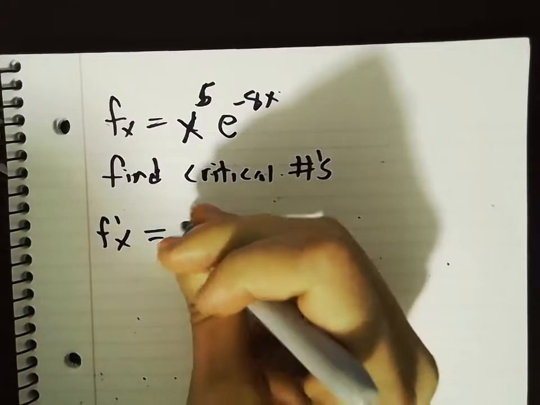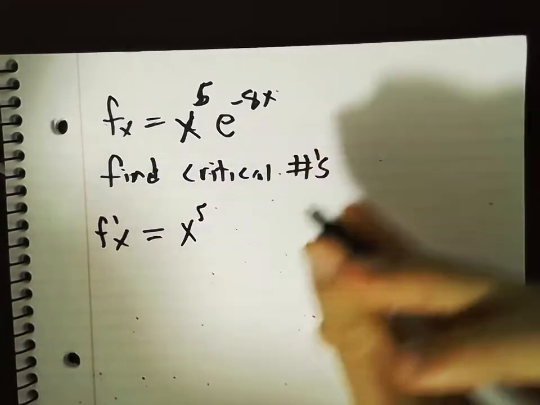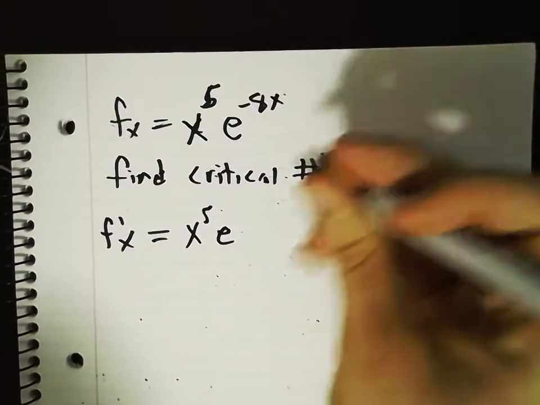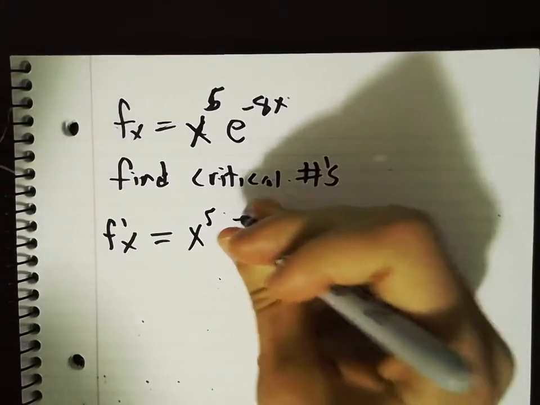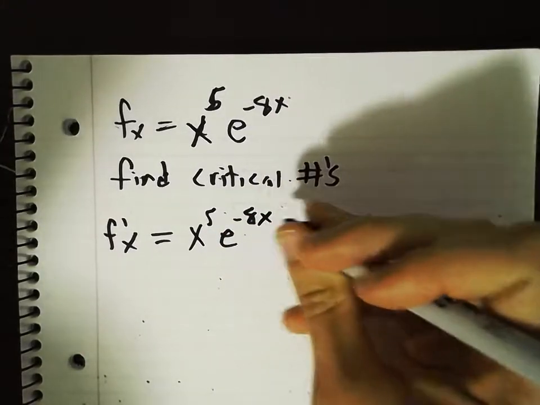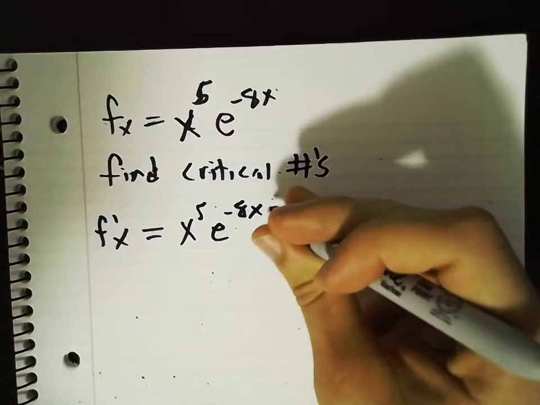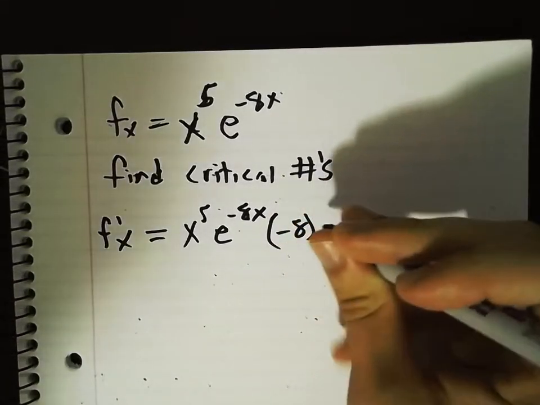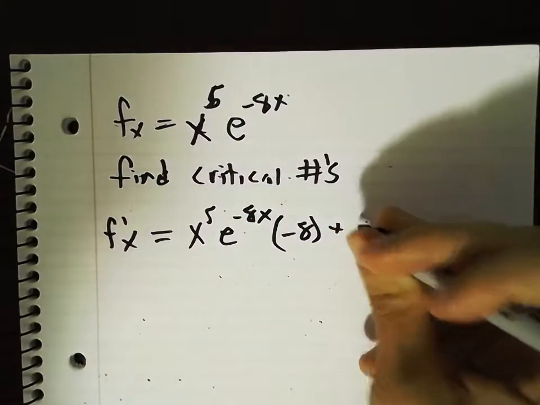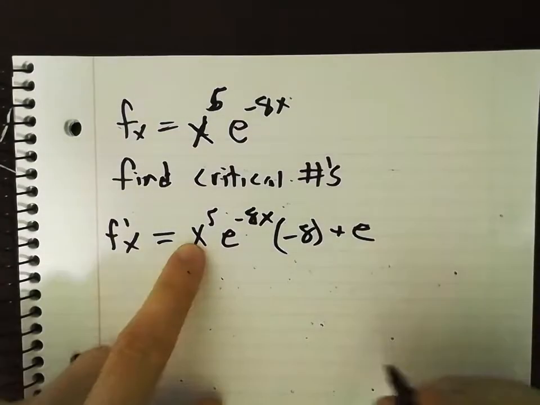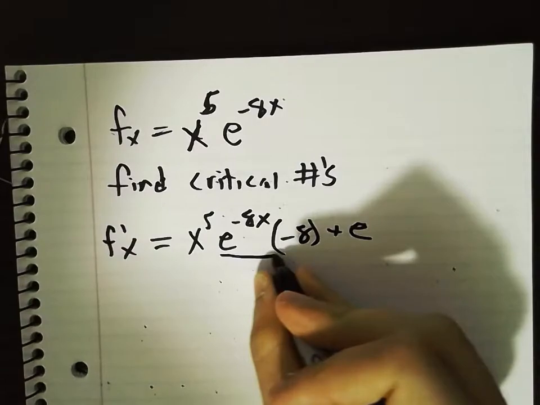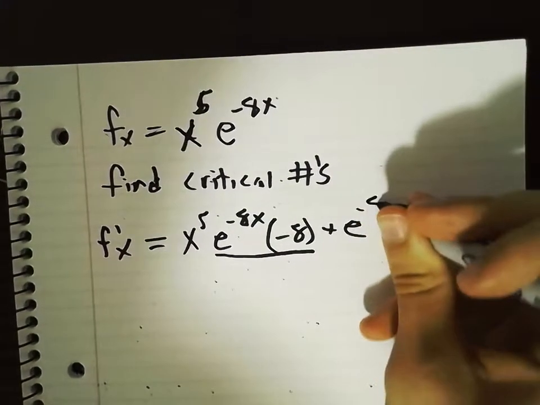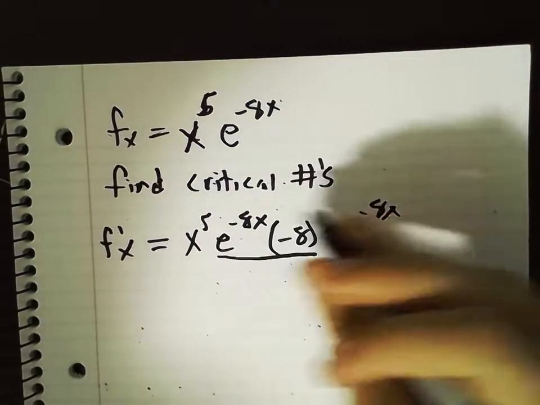So first is just 5x, derivative of the second is using power rule, e to the negative 8x, and then derivative of the power, which is just negative 8, plus second. So we have first times derivative of the second, this whole thing is derivative of the second, plus second times derivative of the first.